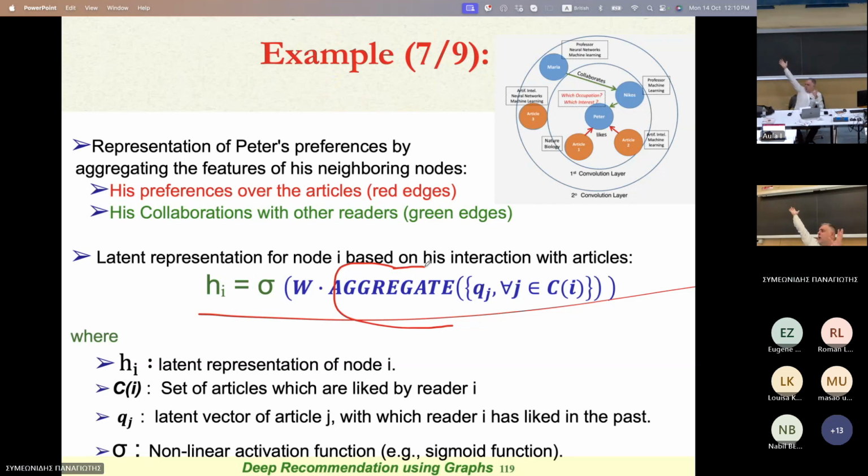Okay, it depends on what we want to do. And in this case, we use this aggregation function, and then we can decide if it will be, let's say, concatenation or the average of the ratings of the neighbor users to the target node. Okay. And here we can see the different variables of this equation.